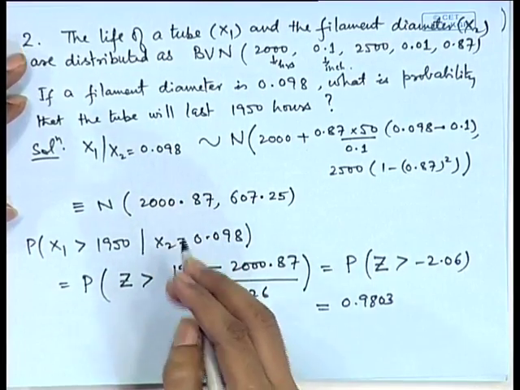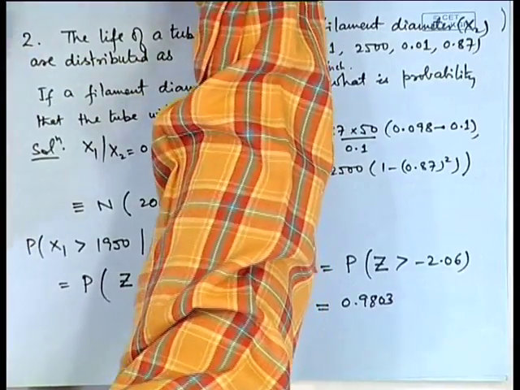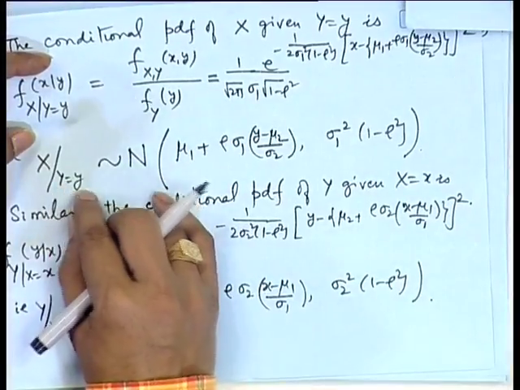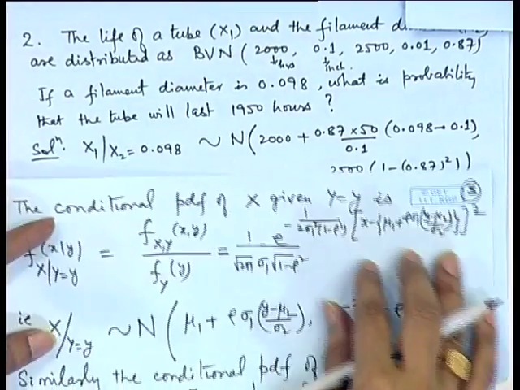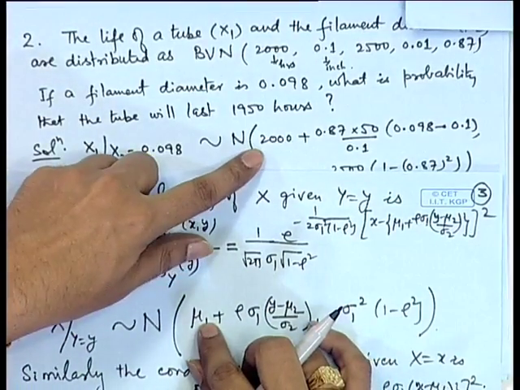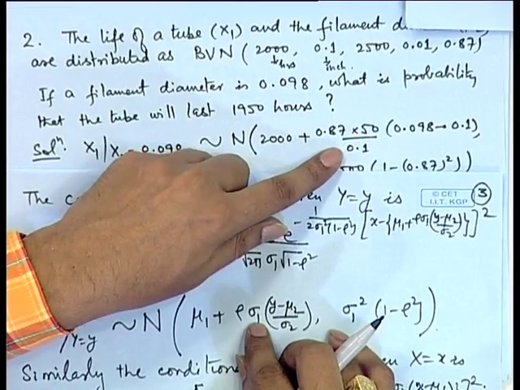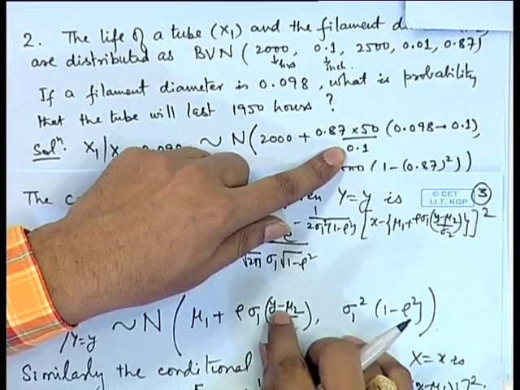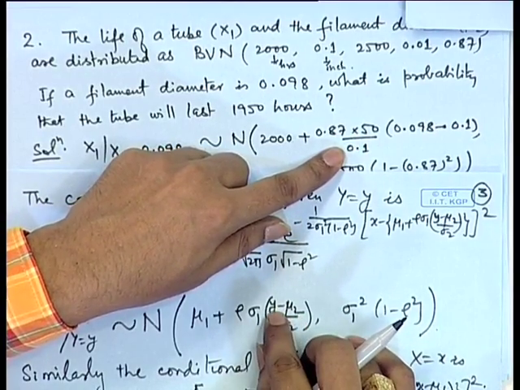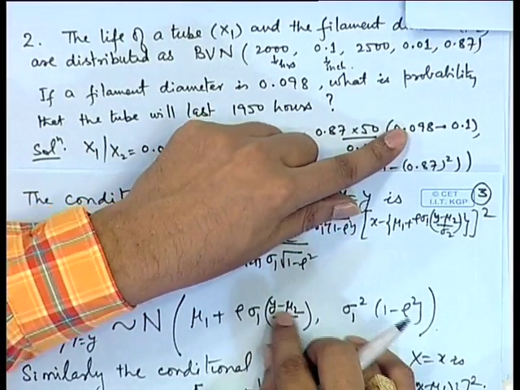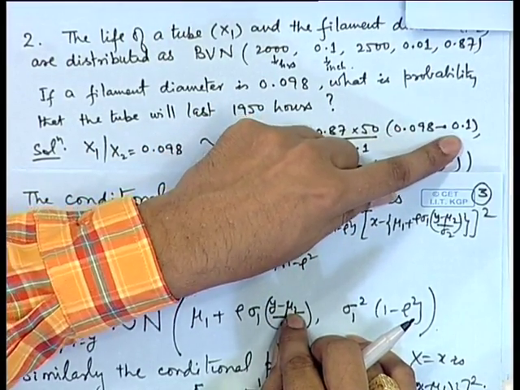We make use of the formula for the conditional distribution of x given y. That is mu 1, that is 2000, plus rho 0.87, sigma 1 is 50 divided by sigma 2 which is 0.1, times (y minus mu 2). Here y is the point at which we are conditioning, that is 0.098, minus mu 2, that is 0.1.